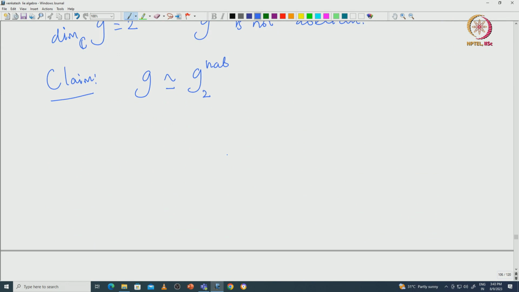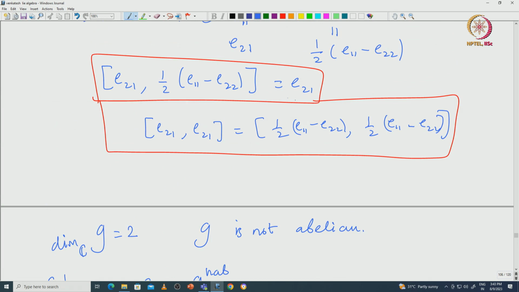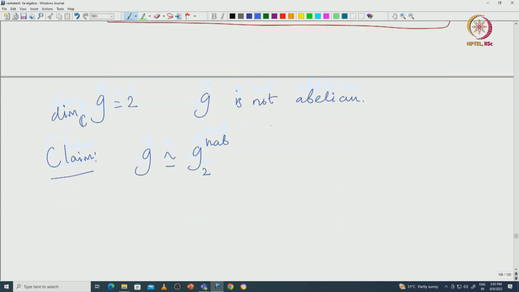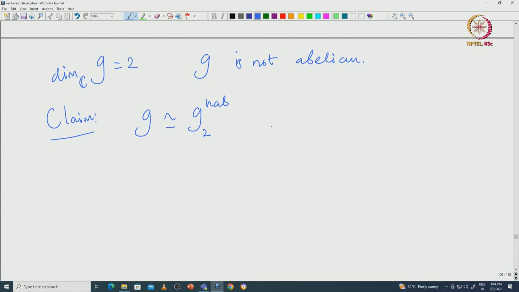For that we need to establish a basis of G that will have a Lie product similar to the one for G2 non-abelian. Let us try to do that.